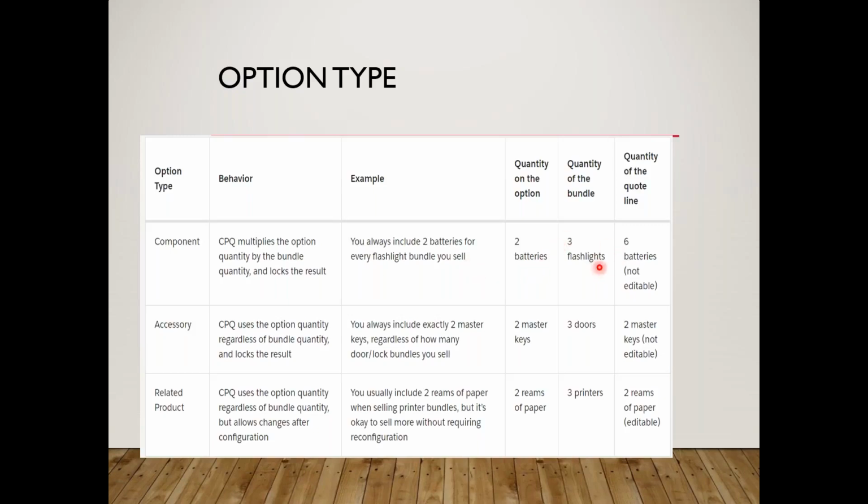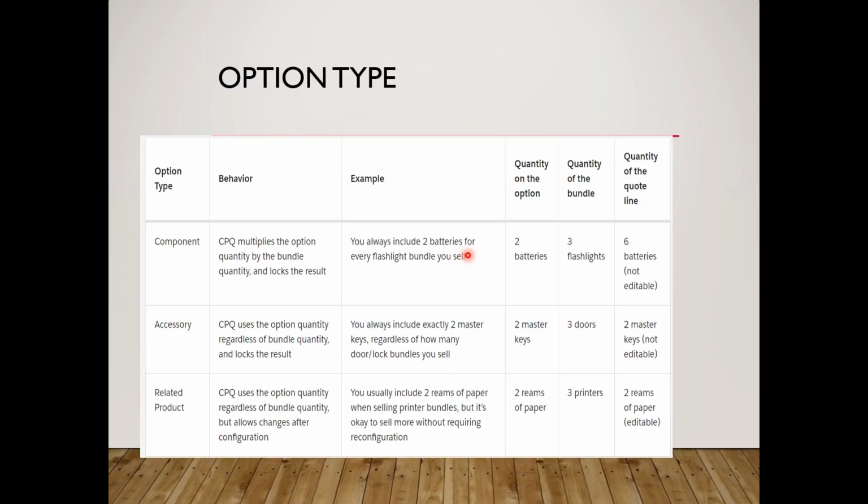So three flashlights will multiply with two, because every time you need to take this many batteries with this many flashlights. These types of combinations will be there, and business will give you those product combinations. They will not tell you how to set them up, but at least they will give you the scenario: this is my bundle, inside that this is my option, and every time this option will be multiplied with the product quantity. So in that case, you should be aware of these fields and how you can achieve this requirement, right?